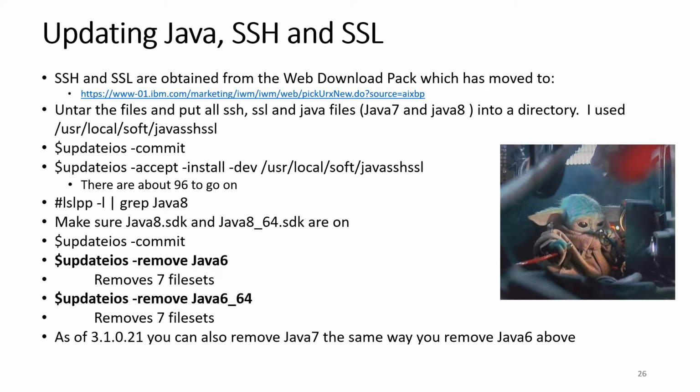Once you've got them downloaded, you put them into a directory, and then you can see the updateios commands. As of version 3.1.0.21, the VIO server no longer requires Java 6 or Java 7. So it does require Java 8, but you only need the SDK and JRE. So as long as those are installed, you can actually remove Java 6 and Java 7.